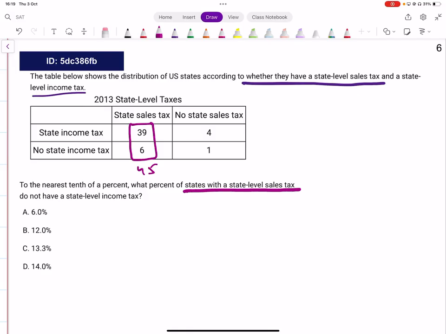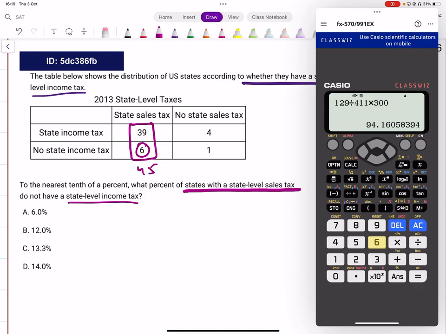Is that okay? What percent of this number do not have a state level income tax? Out of these 45, who do not have an income tax? 6. So that's 6 over 45 in percentage. It will be 6 over 45 into 100%. You can see what that is. 13.333.